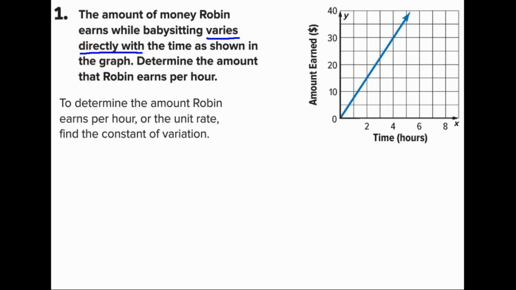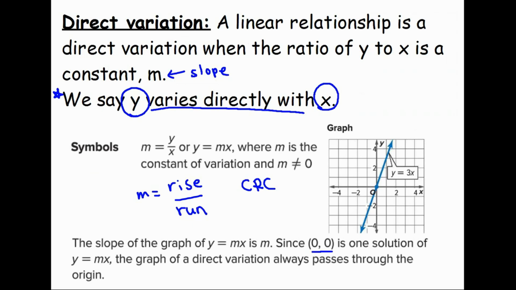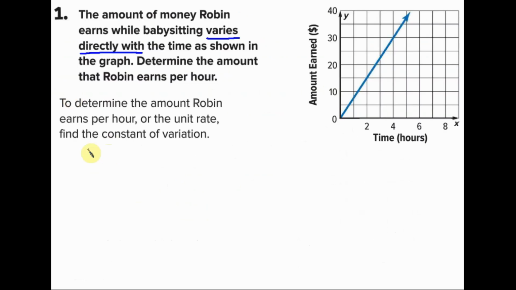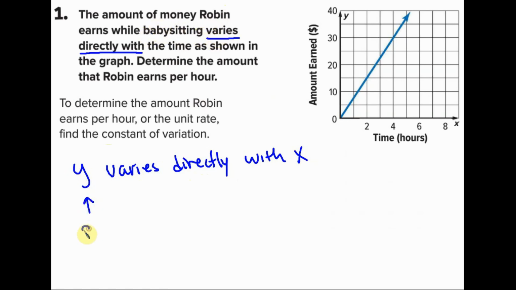In the previous slide, they were saying that y varies directly with x. The money Robin earns while babysitting is representing your y value, and varies directly with the time. The time will be representing the x value.